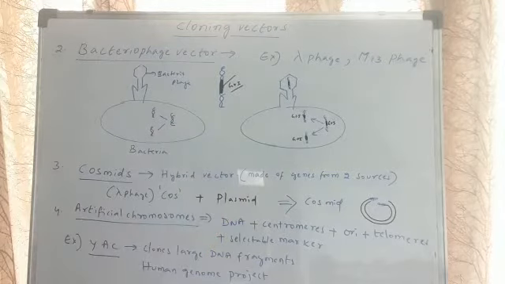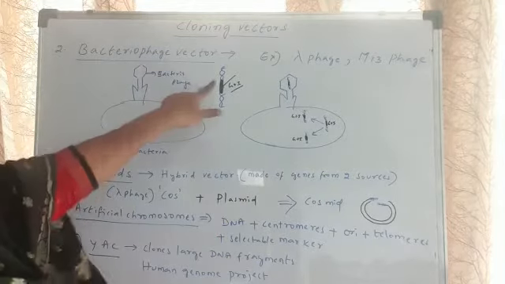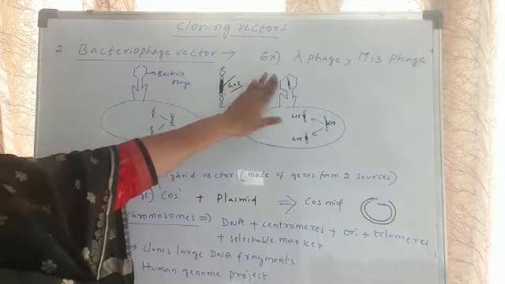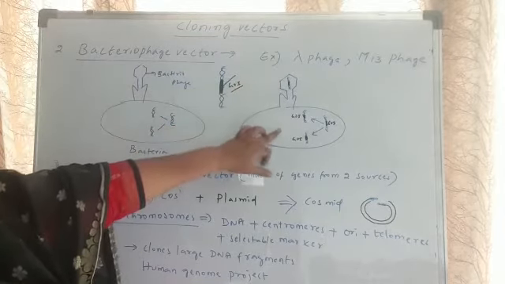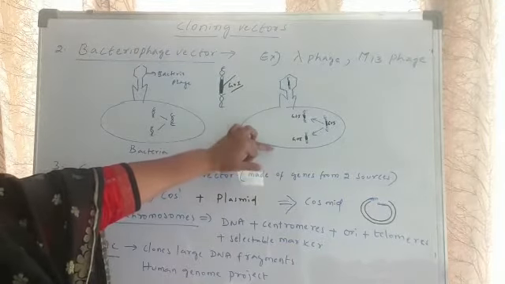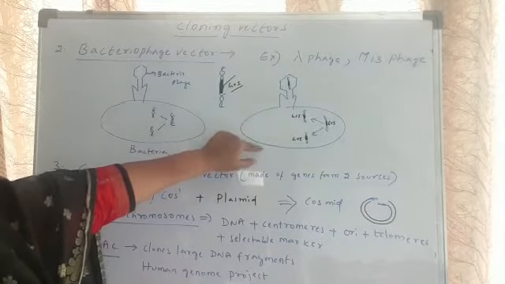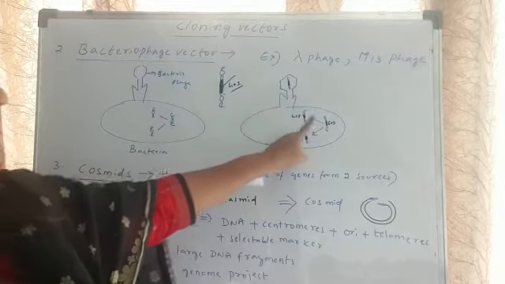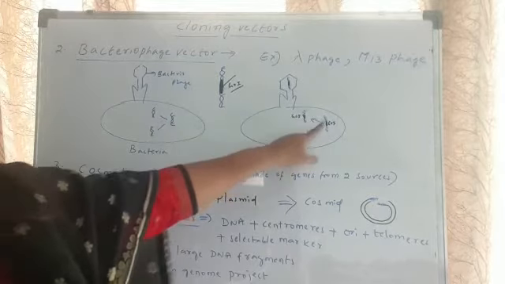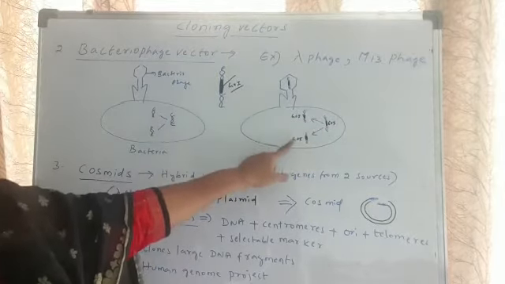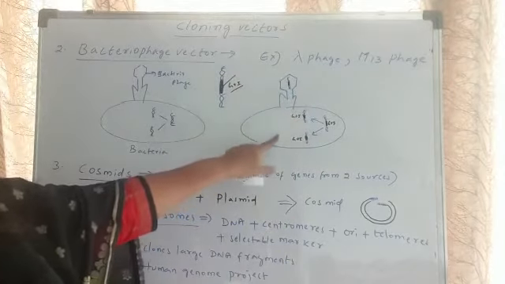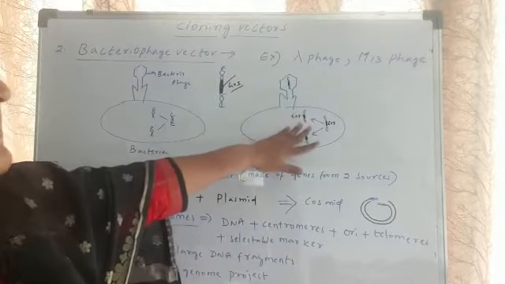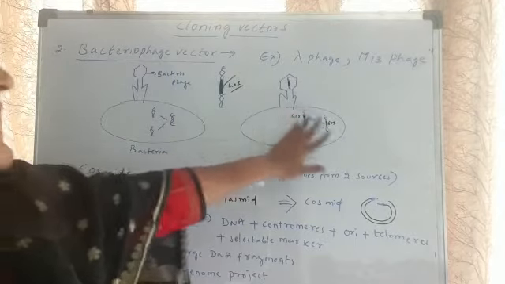So, by attaching the gene of interest to the viral DNA and by allowing these kinds of bacteriophages to infect the bacterial cell, the recipient cell or the host cell, we are able to clone the gene of interest. Along with the viral DNA, the gene of interest is also cloned, increased in its number, and even gene expression takes place in the bacterial cell.